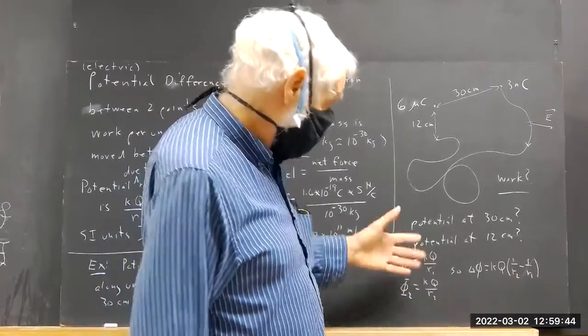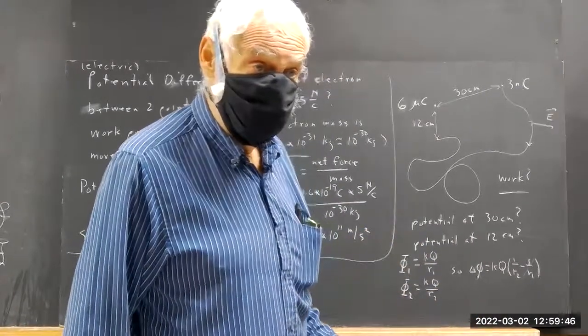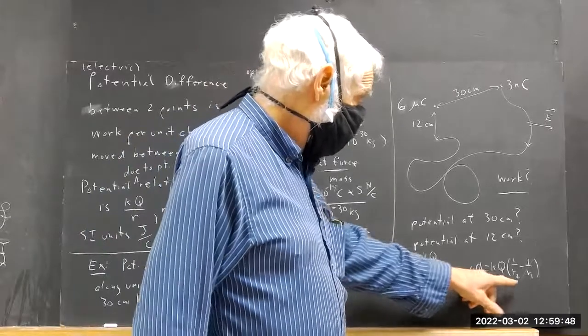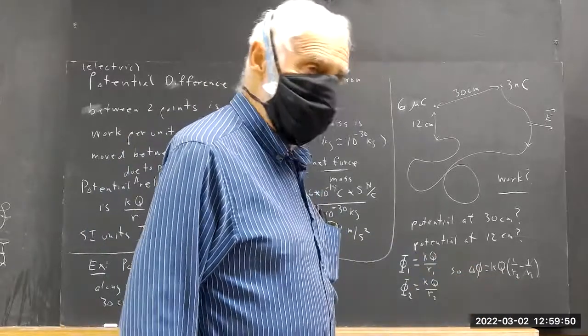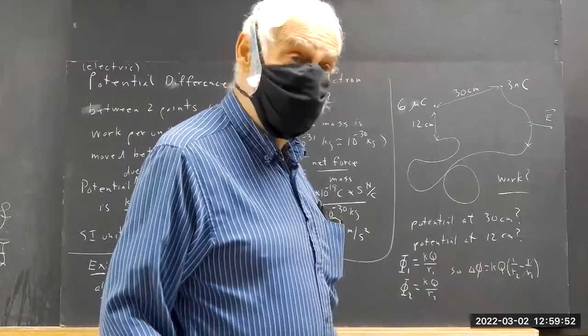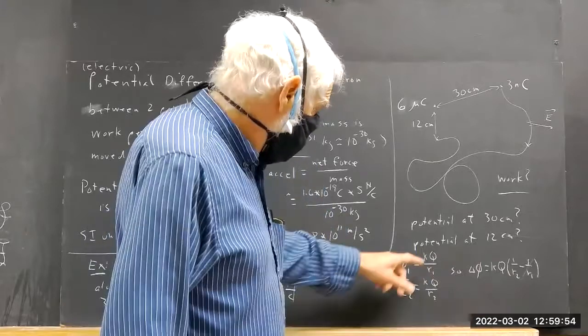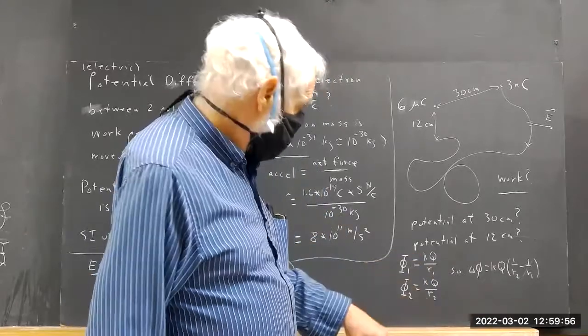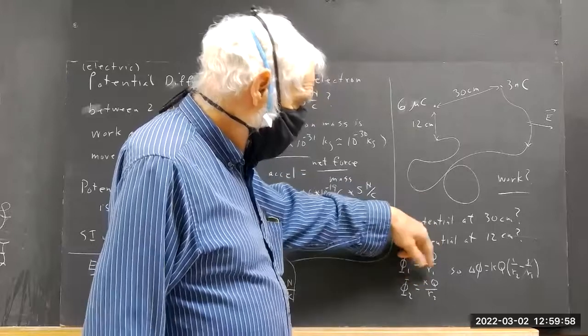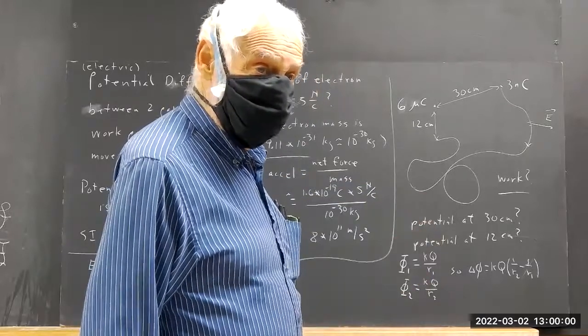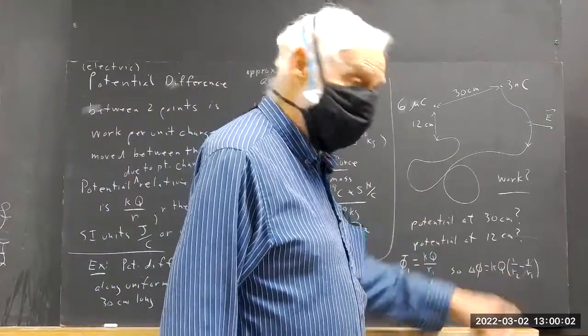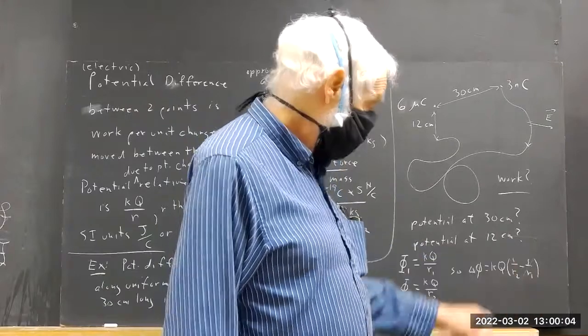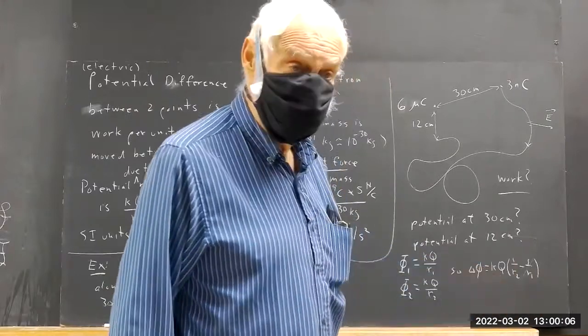If it isn't, make sure you take a good look at it later, okay? Now that you have this, if you want to get a numerical result, it's a good time to do it, okay? If you do this and this separately, you've got to figure out KQ twice. If you do this, you have an elegant expression that takes less work because you just have to figure out KQ once.